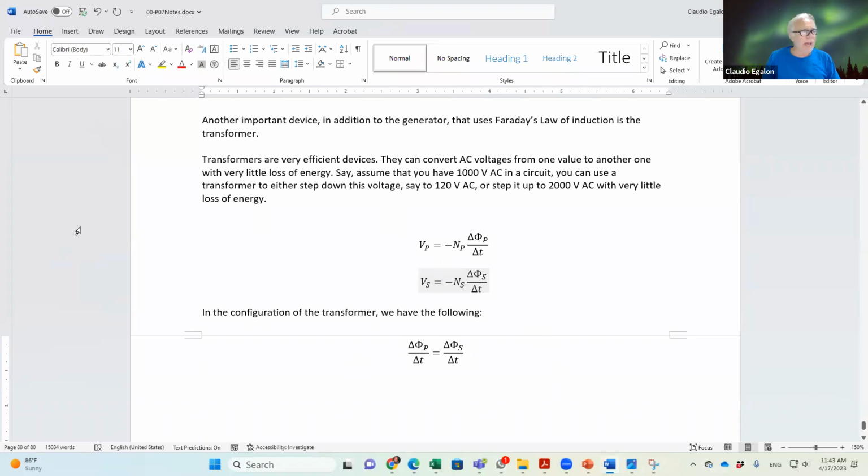And then we end up having the following relation: VP over NP is going to be equal to VS over NS.